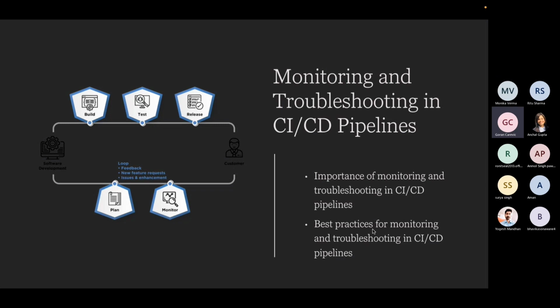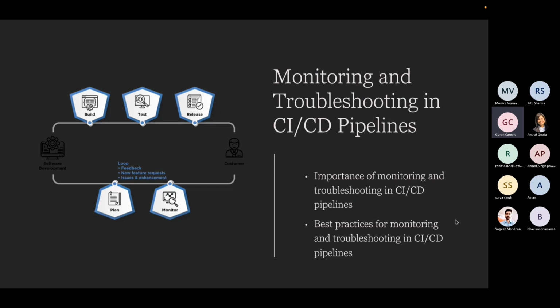Root cause analysis. Once an issue is detected, it's important to determine the root cause of the problem. This can be achieved through root cause analysis tools that help you identify the source of the problem and the underlying factors that contribute to it. Also, a best practice to ensure monitoring and troubleshooting is collaboration.